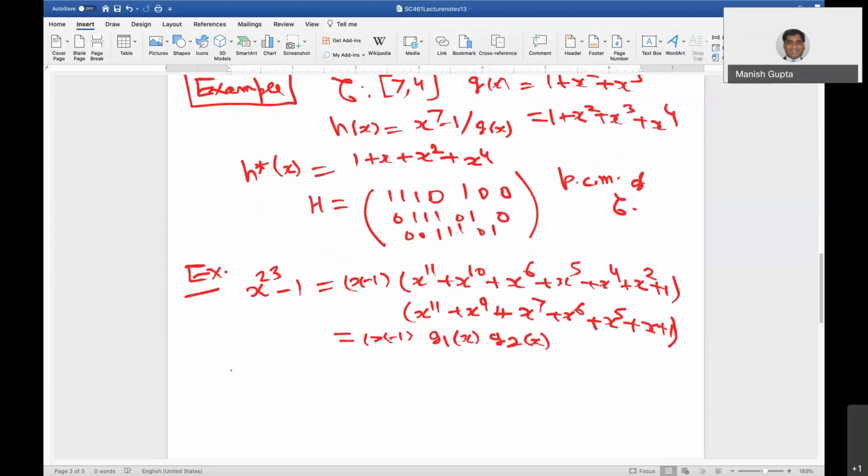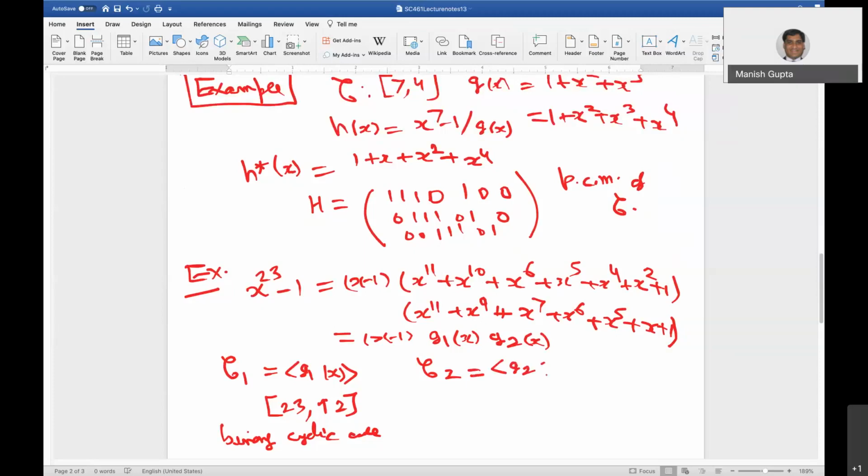If we take a code C1 generated by g1(x), it turns out that this is nothing but the (23,12) binary Golay code, which is a cyclic code. Beautiful. And if we take C2 as generated by g2(x), it turns out that C2 is equivalent to C1.